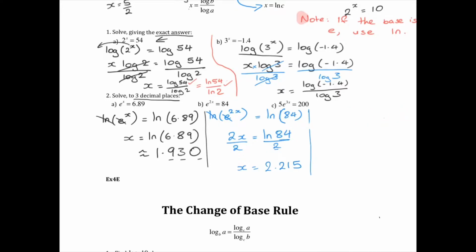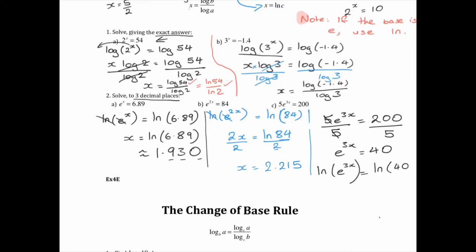Let me just copy it out. I can divide by 5 first. Cancel, cancel. e to the 3x equals 40. And only now can I do the ln of both sides. So it's the ln of e to the 3x equals the ln of 40.